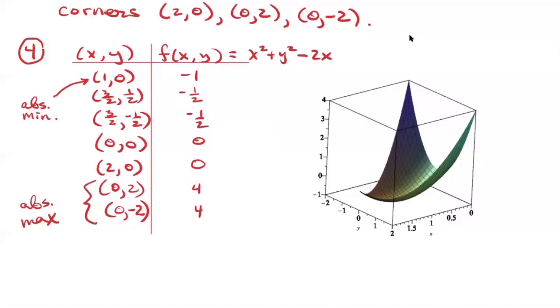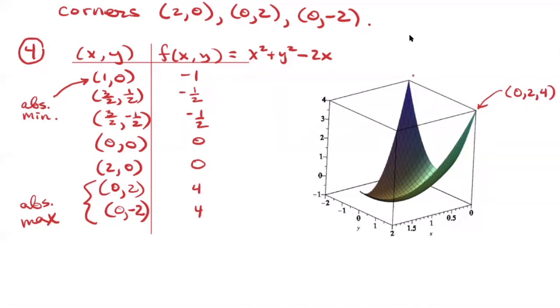Okay, so now we can just annotate this a little bit. Right here is the point that's 0 on x and 2 on y. So that's 0, 2, 4. Z-coordinate's 4 there.